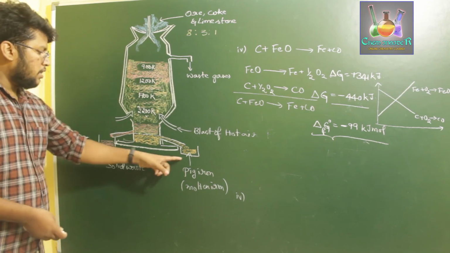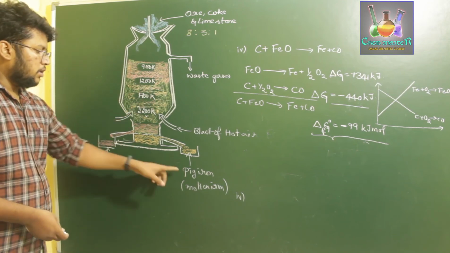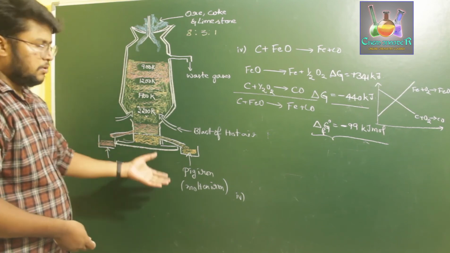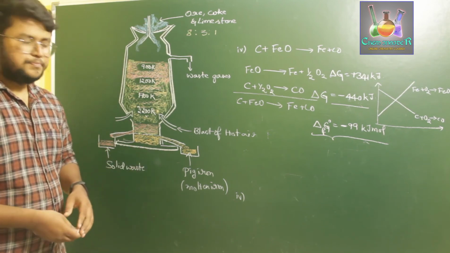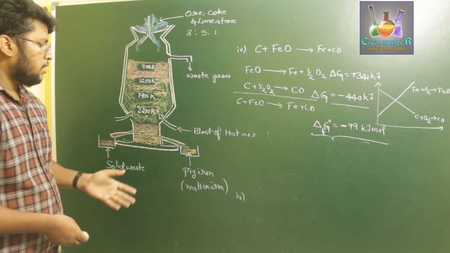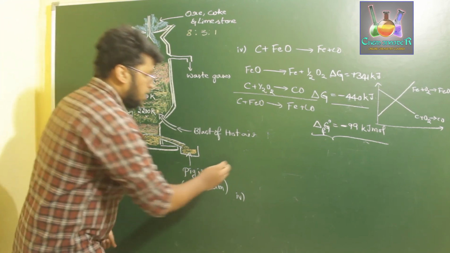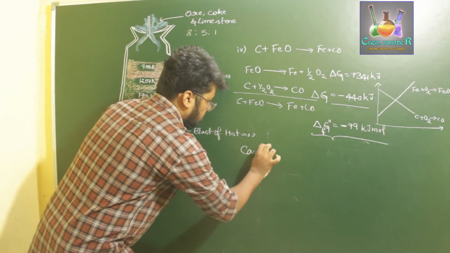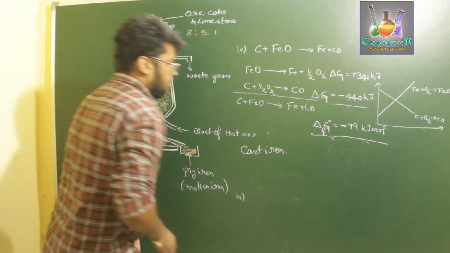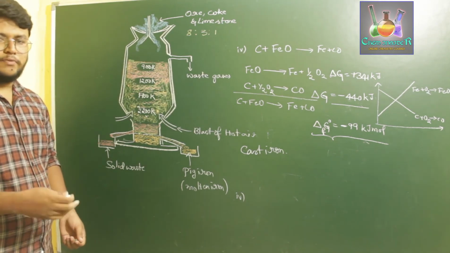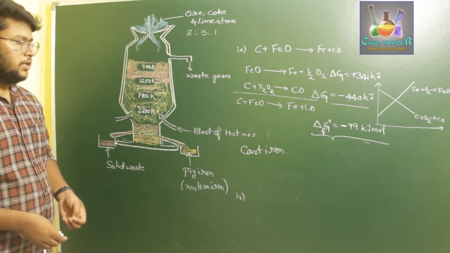The molten iron which is formed is called pig iron. This molten pig iron is mixed with the old pig irons of the previous batch and some other impurities like carbon.